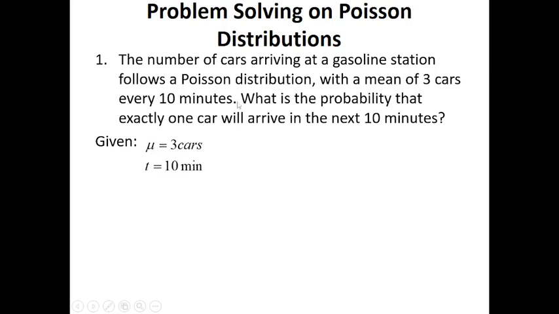Every 10 minutes, so this is the time interval. Our time interval is 10 minutes. So every 10 minutes, the number of cars arriving at the gasoline station is 3 cars per 10 minutes, in average.